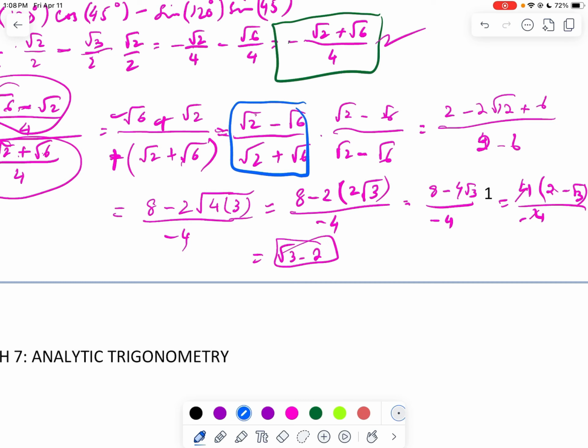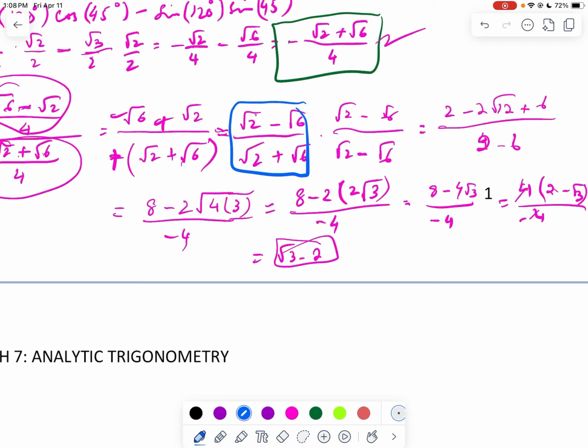But you could simplify it actually. Usually we don't leave the square roots in the denominator. So how can I get rid of those square roots? Only if I multiply by the conjugate. So the conjugate of square root of 2 plus square root of 6 will be square root of 2 minus square root of 6.